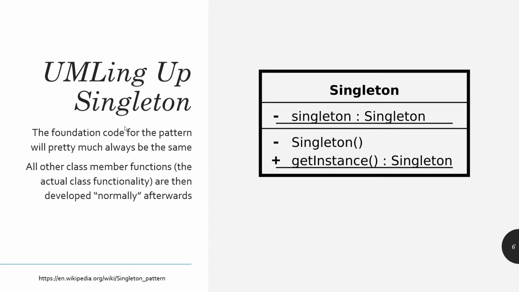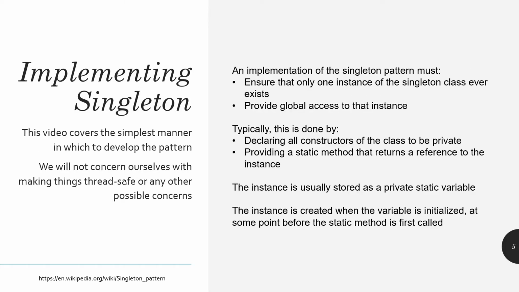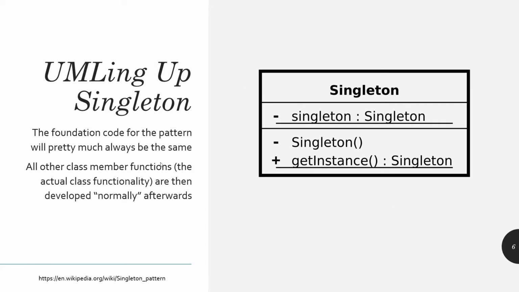And so again, the foundation code for this is going to be pretty much the same every time in whatever language you choose. I'm choosing C++ again, but just remember that this is the simplest example that I can give you just to get the point across, and that other things, such as making things thread safe, and threading and multiprocessing, are bigger topics that we're not covering.